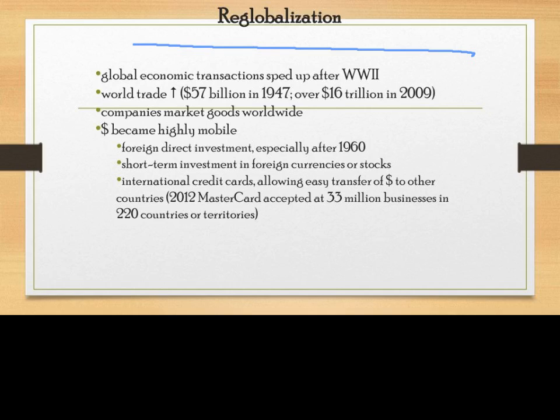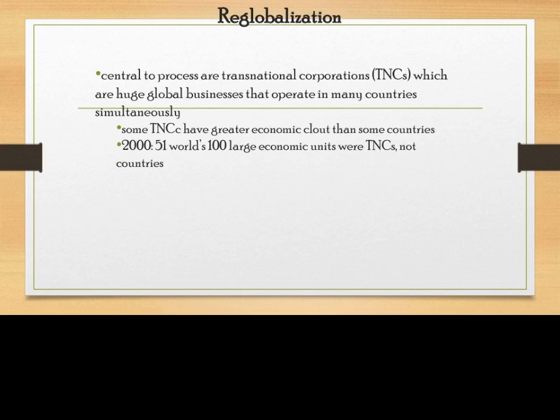The flow of money around the world is a major part of this history. Money moves as investments in industrial projects in other countries, and as capital that can be loaned to various large and small borrowers. It can serve as credit for individuals, like the rise of credit cards, as I just mentioned. And there are transnational corporations.